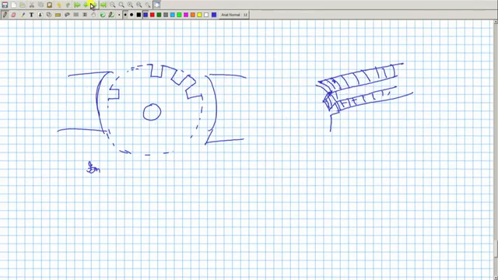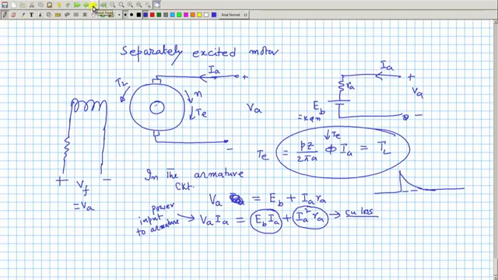So, we say therefore that P gross, the mechanical power, is equal to Eb into Ia.